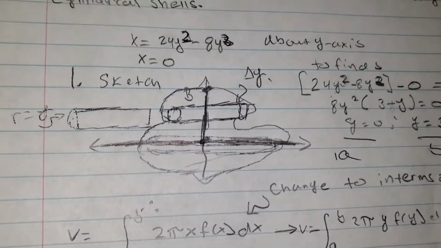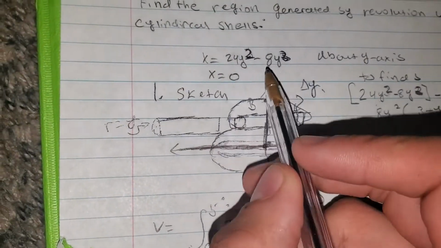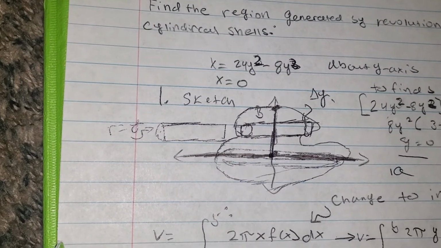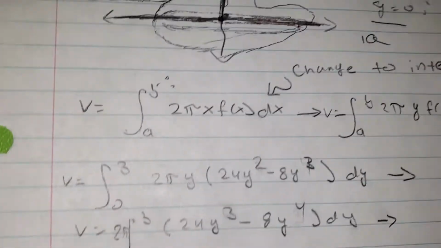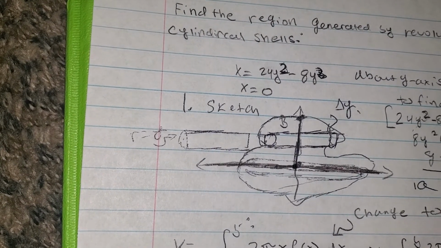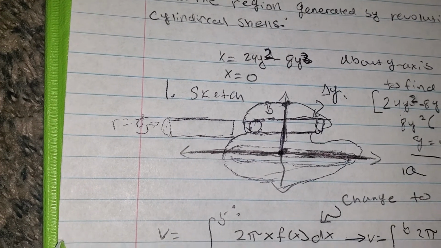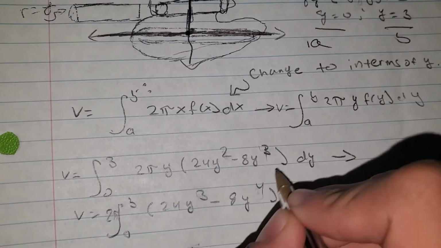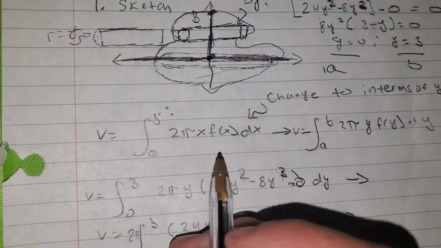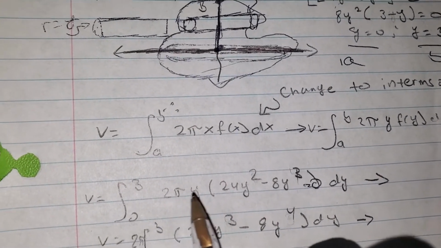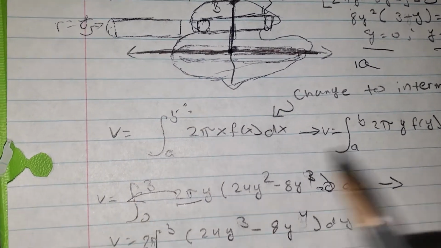This f of y is actually the functions subtracted from each other. Since it's minus 0, it'll just be this piece here. Since 2 pi is a constant, we could pull it out front.